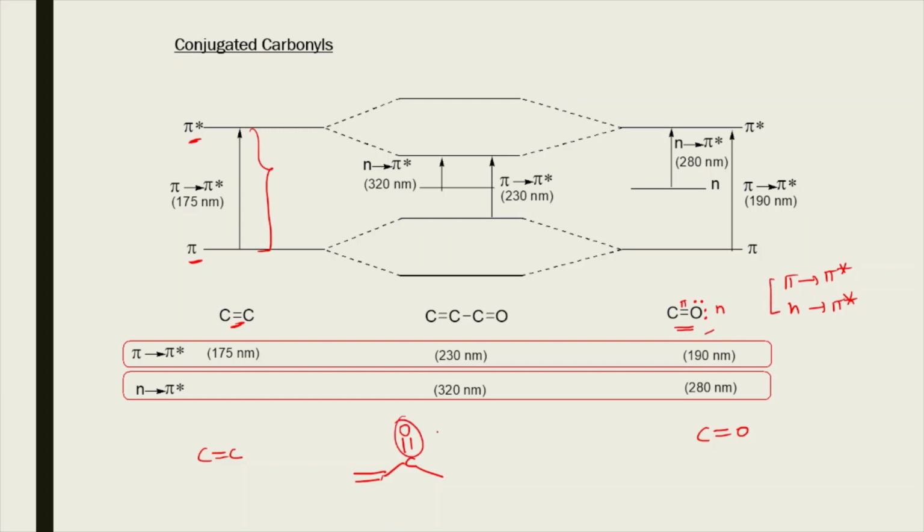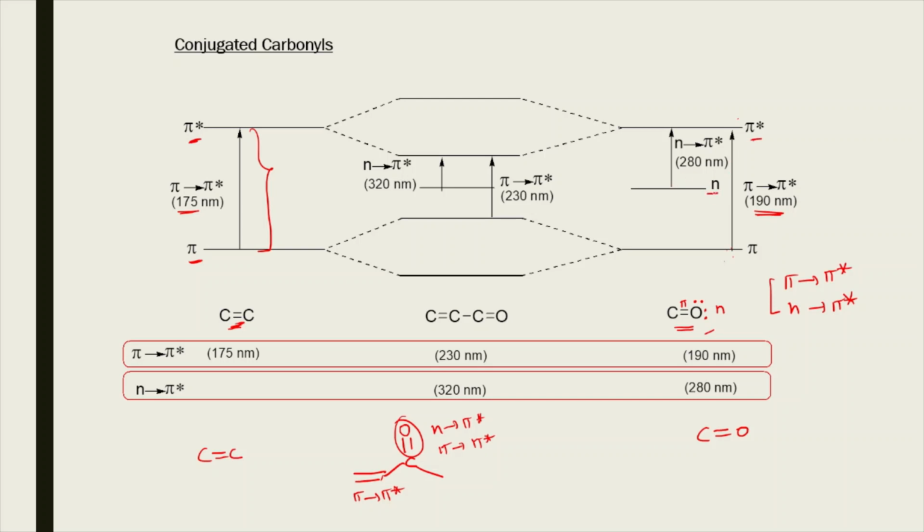So it can have n to pi star and pi to pi star excitations. Now we can see that 175 nanometer was the lambda max when pi to pi star excitation was taking place in an isolated double bond, and in the carbonyl system, 190 was the lambda max for the excitation from pi to pi star.